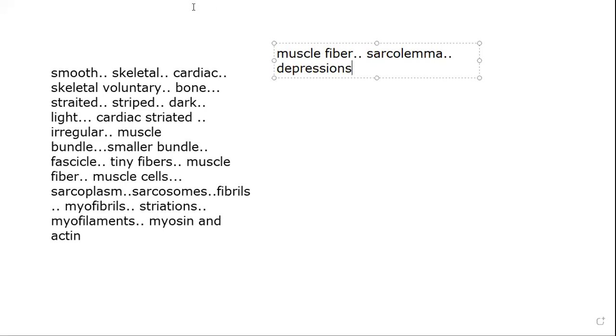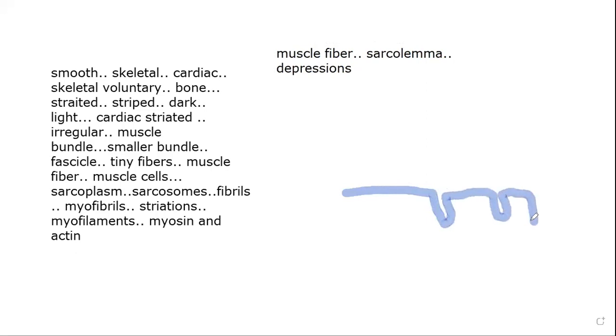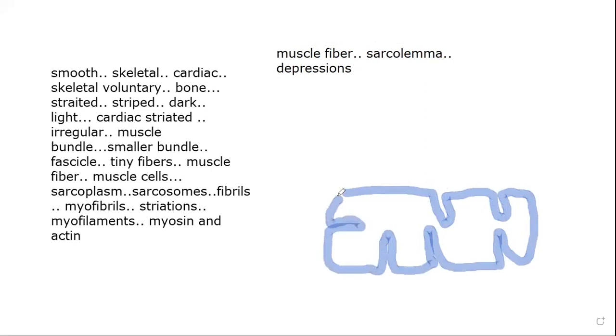If I draw the diagram, I will show you. Let me draw the diagram here. If this is the muscle fiber, it shows invaginations inside like that. These invaginations go deep down into the muscle fiber. They have a very special function in the reception of stimuli.